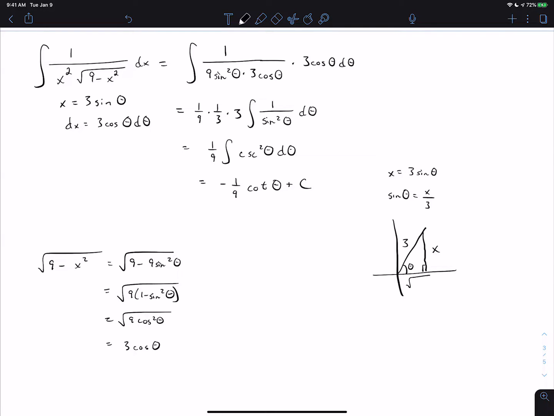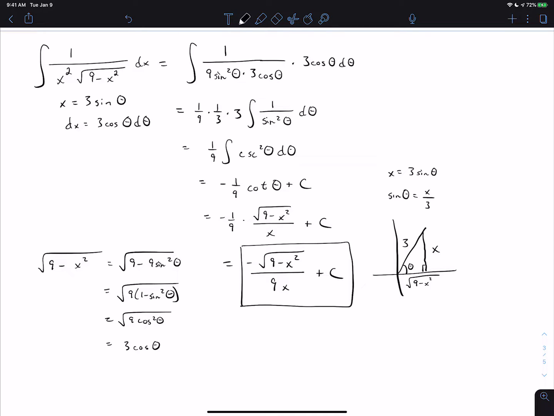We use the Pythagorean theorem to figure out that the adjacent side, or the x side, is the square root of 9 minus x squared. Cotangent is x over y, or adjacent over opposite. So we get negative 1/9 times the square root of 9 minus x squared over x plus c. We can simplify a little bit by making this negative square root of 9 minus x squared over 9x plus c. Okay, so that's a relatively simple trig sub problem.